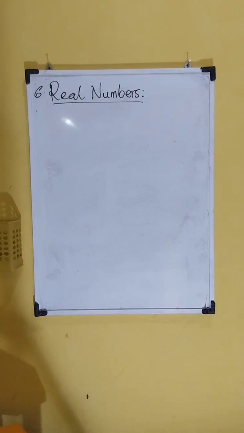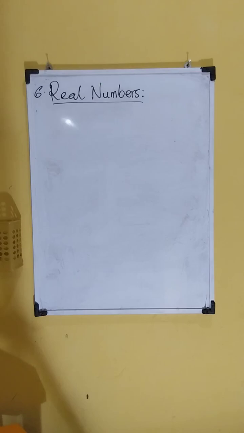So real numbers are actually all rational and irrational numbers. So rational and irrational numbers actually make up real numbers. So the first thing we need to know is what a rational number is and what an irrational number also means.